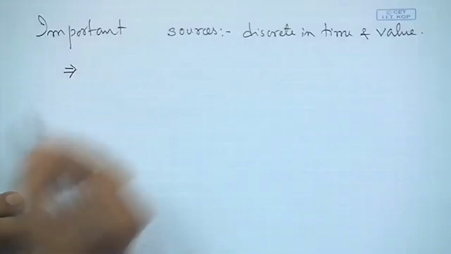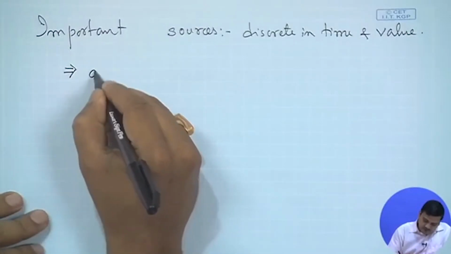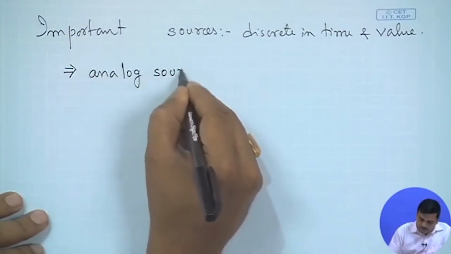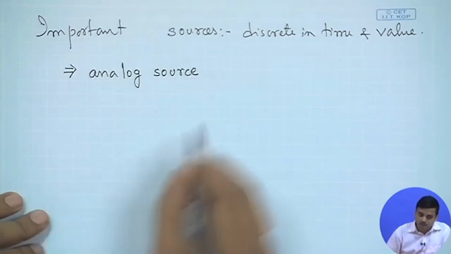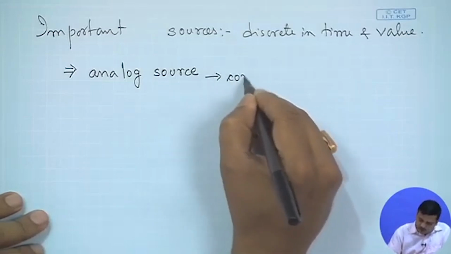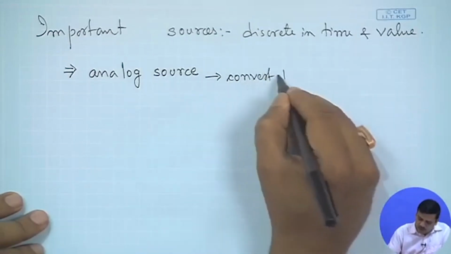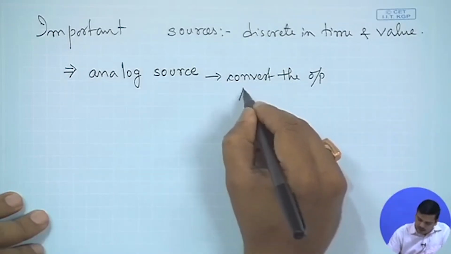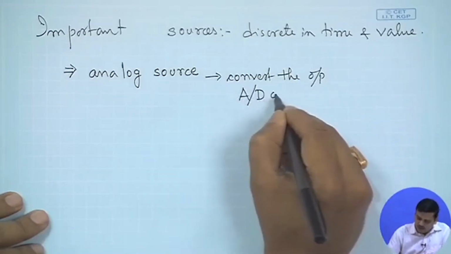Now we are defining that, and this actually means that if you have an analog source, this must be converted. You have to convert the output using an analog to digital converter.